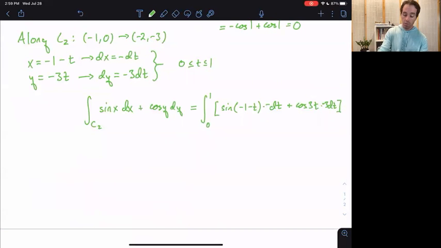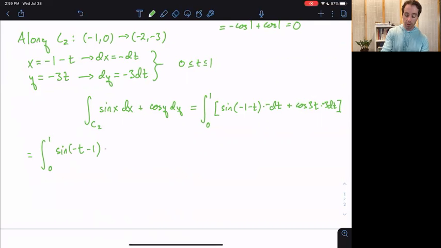So collecting all this together, I'll have the integral from 0 to 1 of sine of negative t minus 1 plus cosine of 3t, except really that's minus 3.